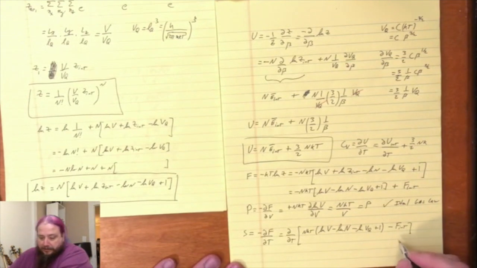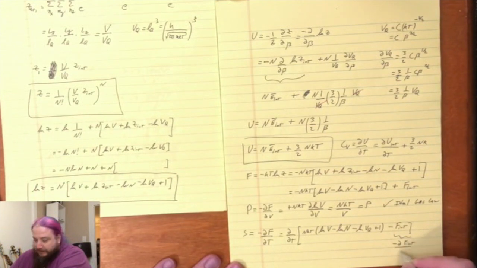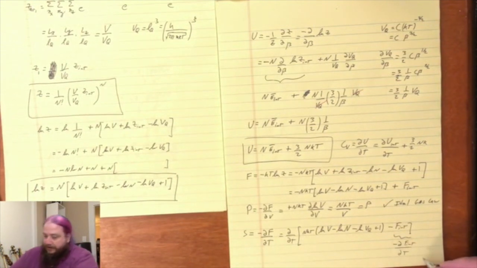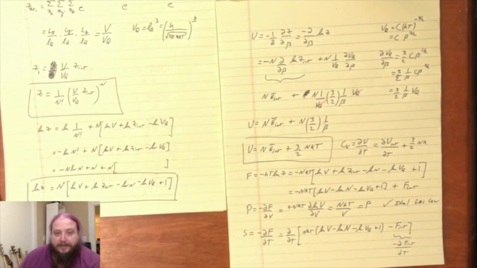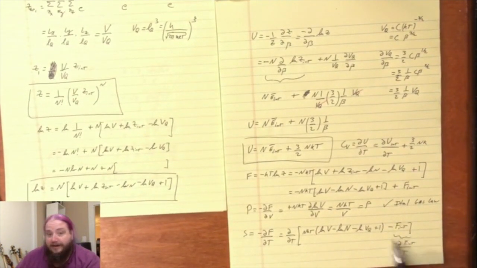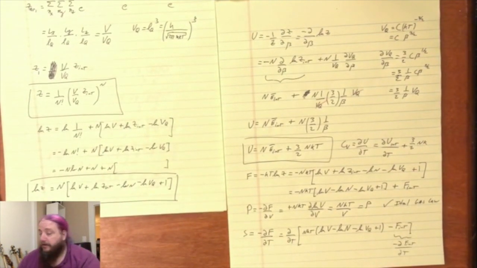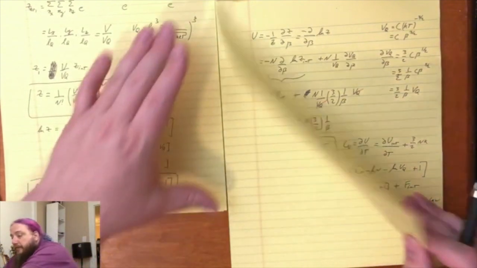So that last term here then becomes minus dF interior/dT, or essentially the entropy associated with those interior degrees of freedom.